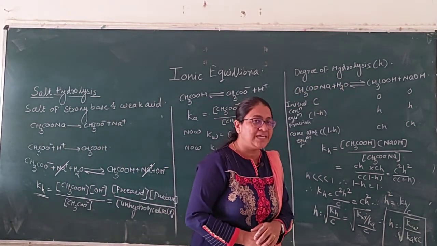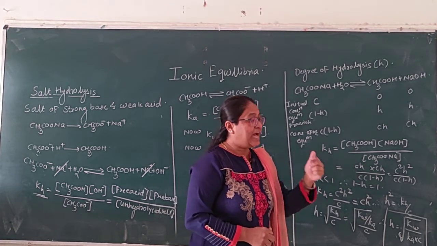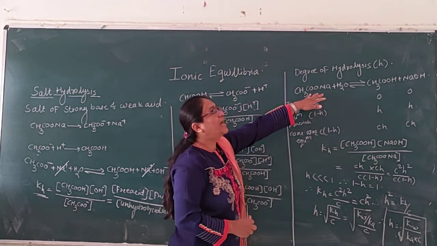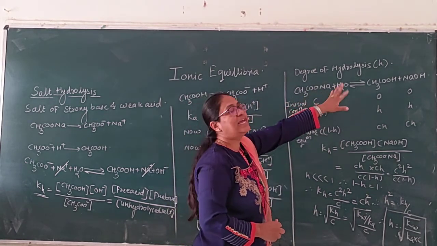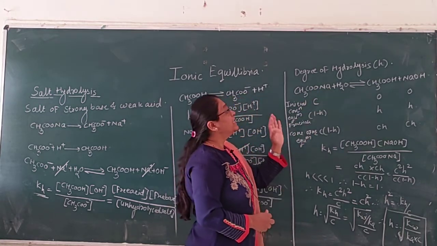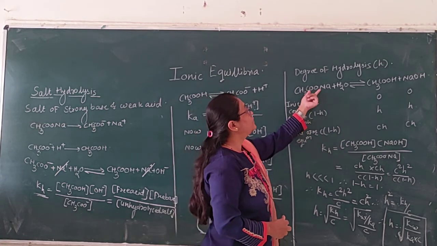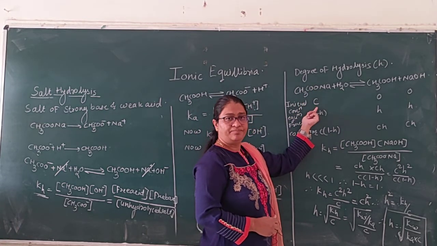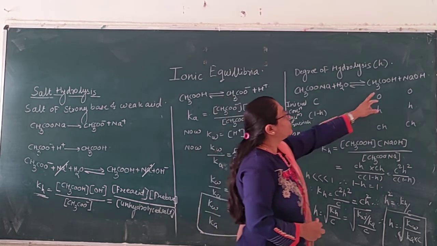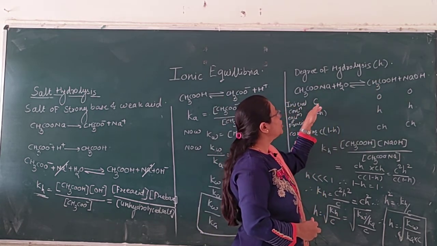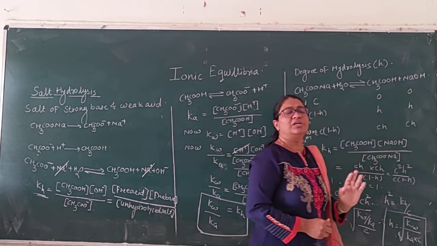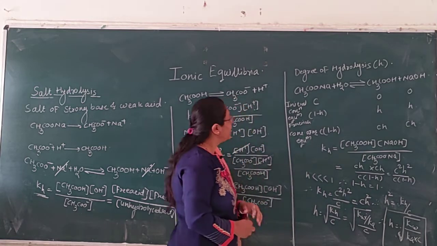So now we are going to see the relation between the hydrolysis constant and the degree of hydrolysis. For that we again consider the hydrolysis reaction at equilibrium. In this reaction we consider that the initial concentration of sodium acetate is simply C. Obviously, as this is the initial concentration, the two products are not yet formed, so their concentration initially is considered to be 0.